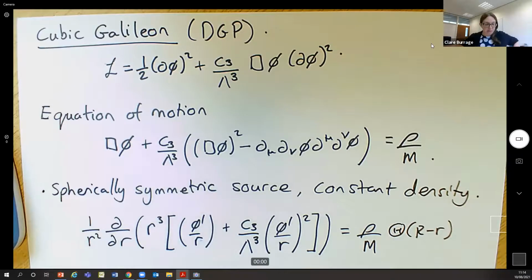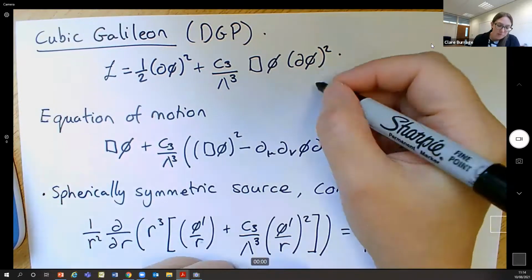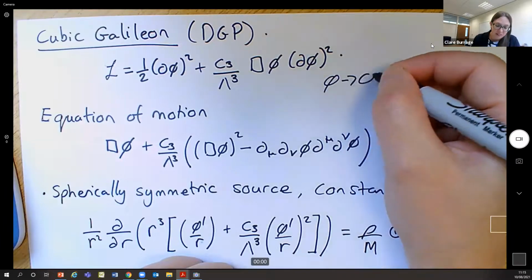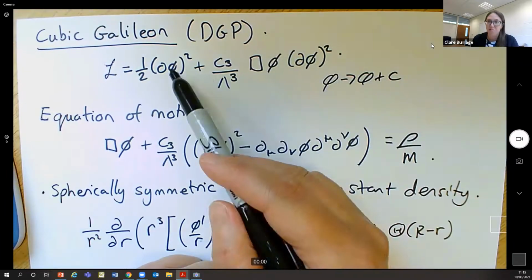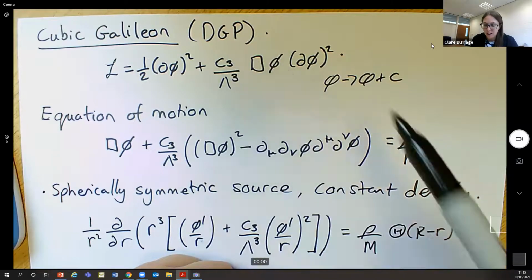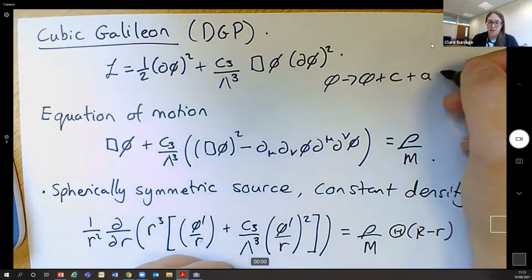So first of all, what I haven't said, but which you're alluding to, is the fact that this Lagrangian has a symmetry, in fact 2 symmetries. Firstly, the action is invariant under shifts of the field. That's kind of obvious because all we've got here is derivatives, but it's also invariant under shifts in the derivative of the field.